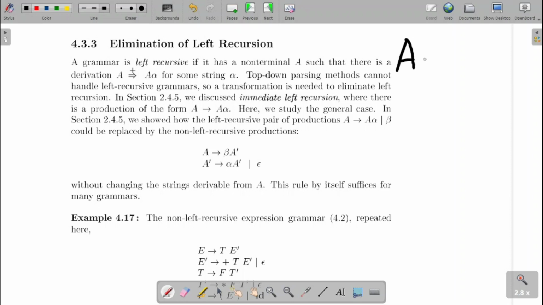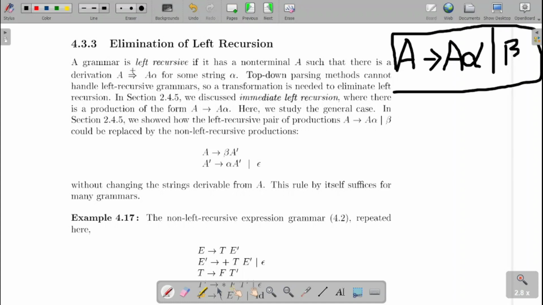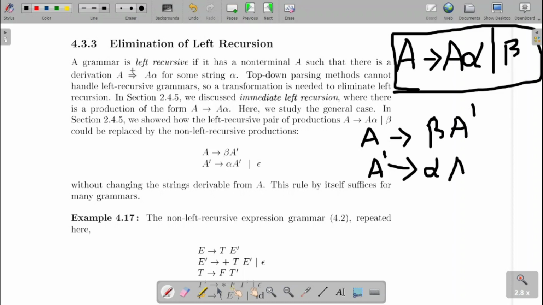If I have a production of the format A derives A alpha or beta, then to eliminate the left recursion, we substitute the body of the production with A derives beta A dash, and A dash derives alpha A dash or epsilon.